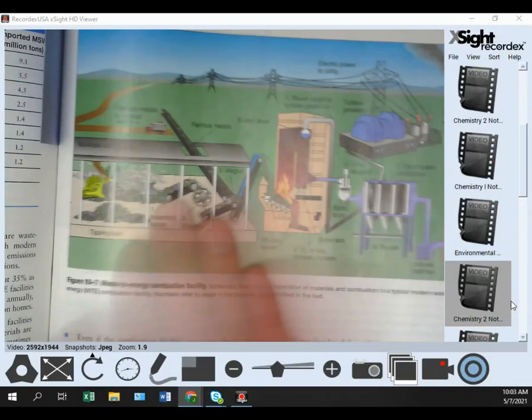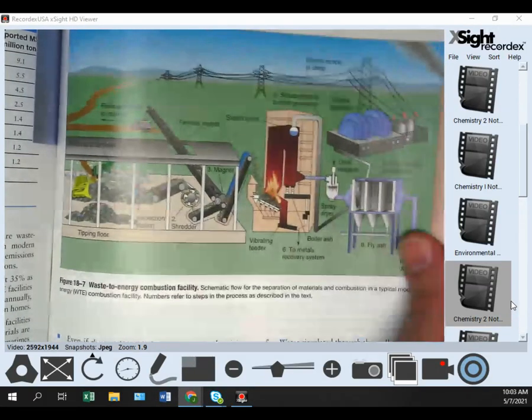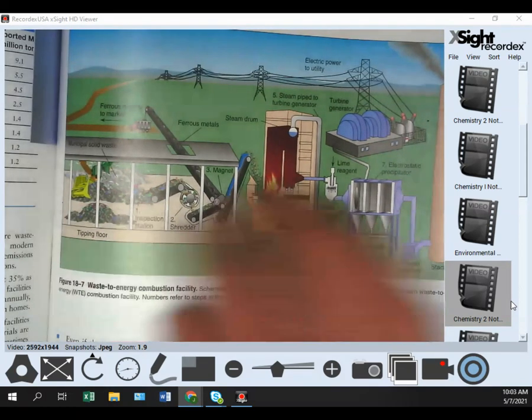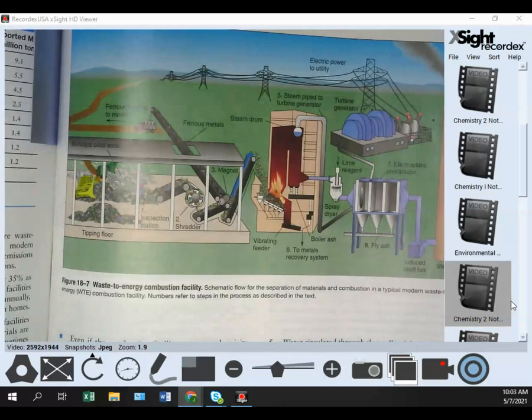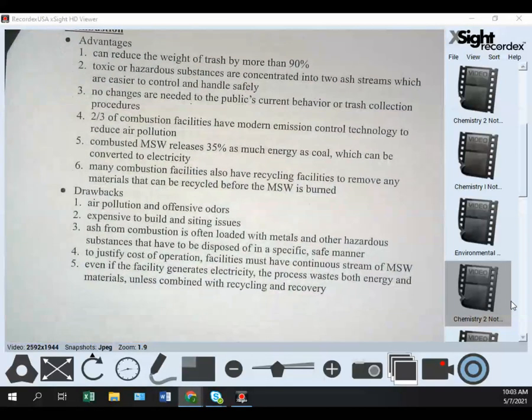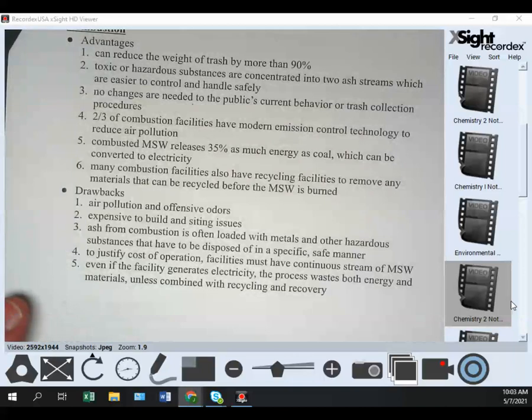Otherwise, the process uses more energy than it generates. Okay? All right, questions on any of that?